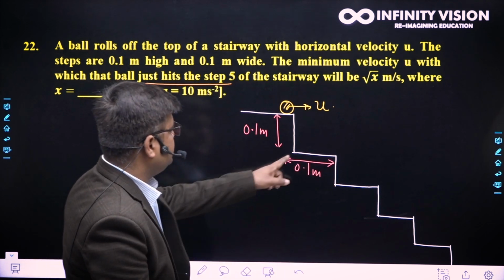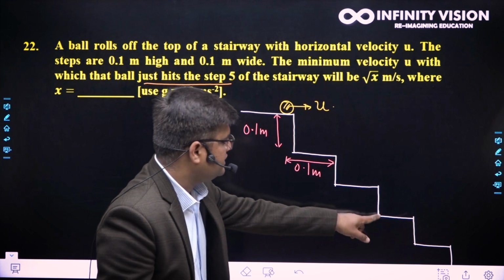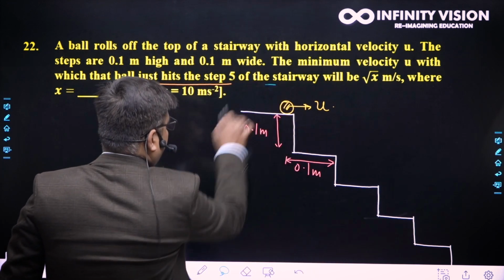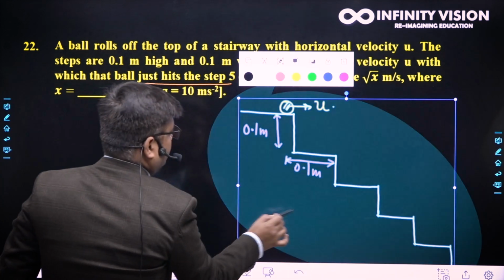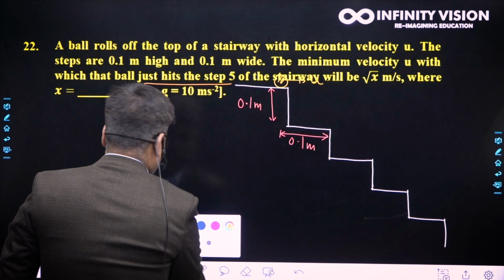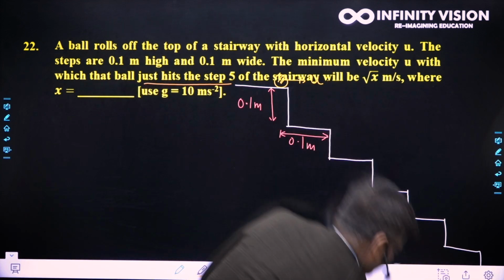Now, this is the first step, this is the second, this is the third, this is the fourth, and ultimately this is the fifth step.